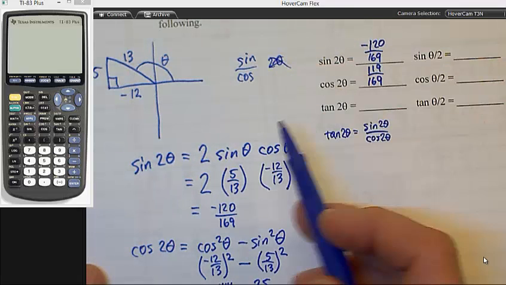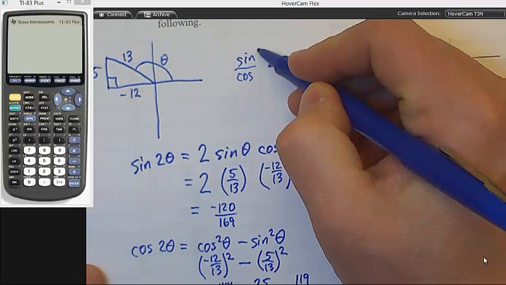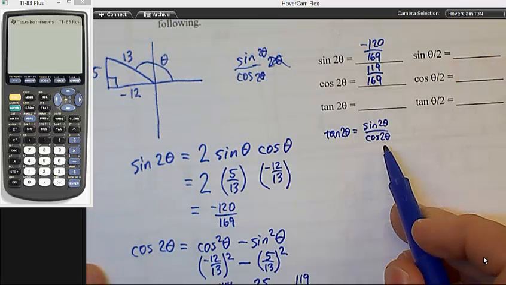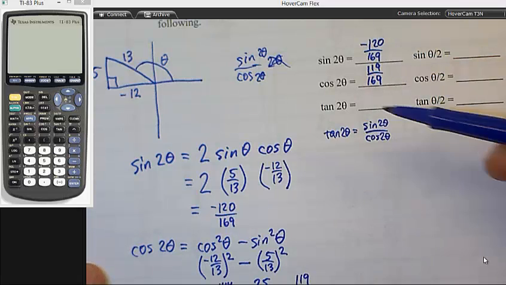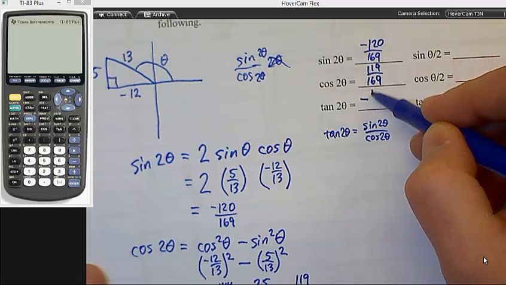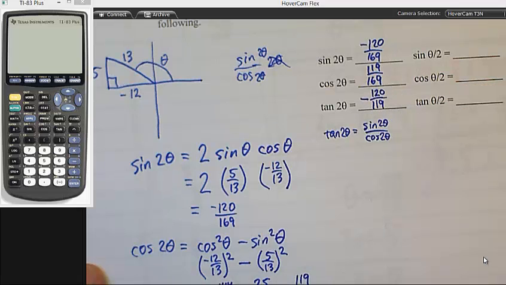Matter of fact, a sine without an argument is a sin. We don't want to make that, right? So this 2 theta should be both places. Okay? And now what happens when you put this fraction over that fraction? Positive or negative? Negative. How about 120 over 119? Right? Because you can multiply top and bottom by 169.